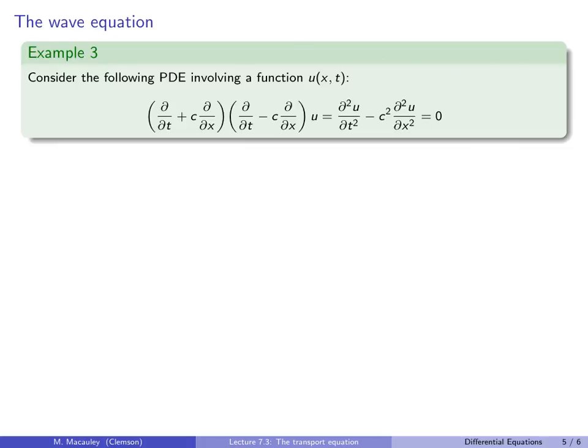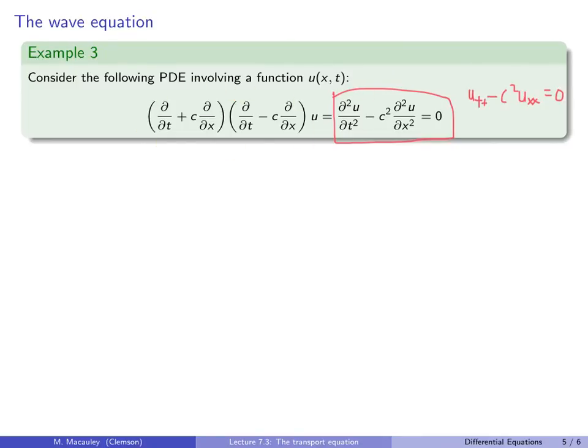So here's a PDE. I'm going to box it. And if you prefer, I'm going to write this as u_tt minus c squared u_xx equals 0. Now another way to write that is like this here. And it's not clear how I'm going from here to here, but bear with me.